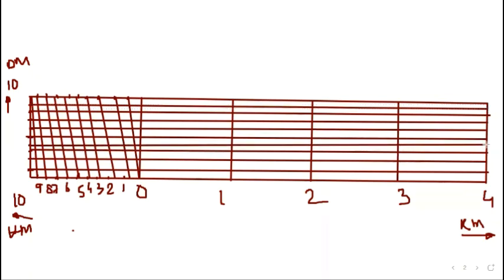Now you measure 3.15. So how can you measure? From 0 to 3, then 1 on this one hectometer, then 5 decameter, 1 2 3 4 5.